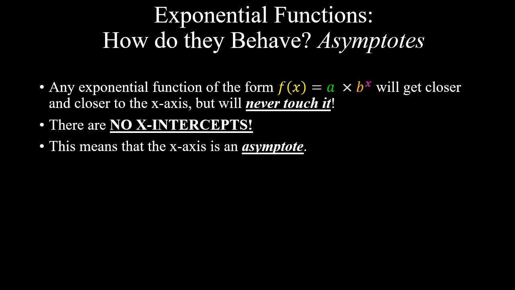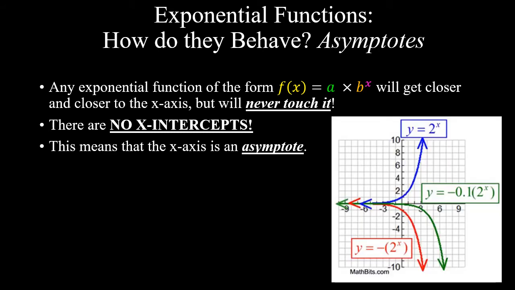All an asymptote is, I should say, is a line that your function will never touch. Okay? So the x-axis is an asymptote. Our exponential function will never touch it. And you can see there are 3 different examples here. We have y equals 2 to the x, y equals negative 0.1 times 2 to the x, and y equals negative quantity 2 to the x, okay?